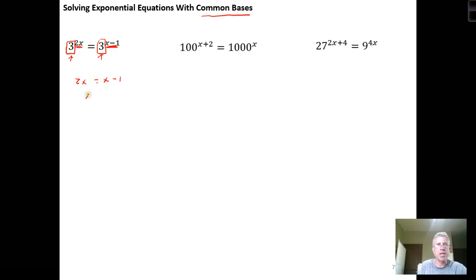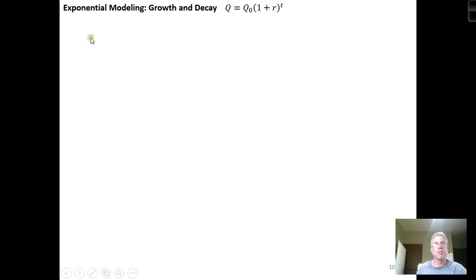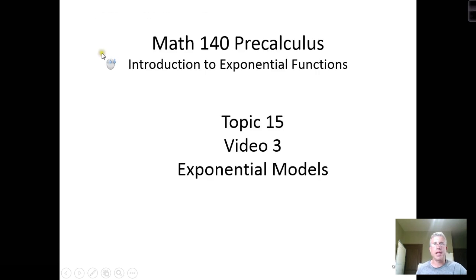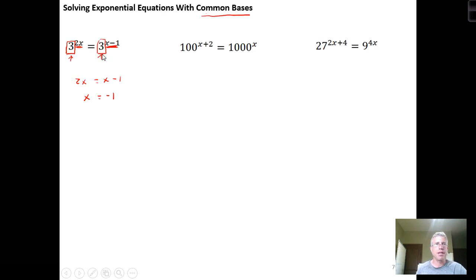I subtract x from both sides. I get x equals -1. And then my check on the work is to plug -1 into both sides.